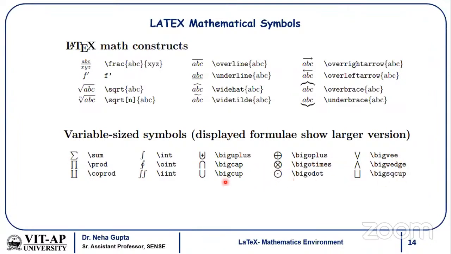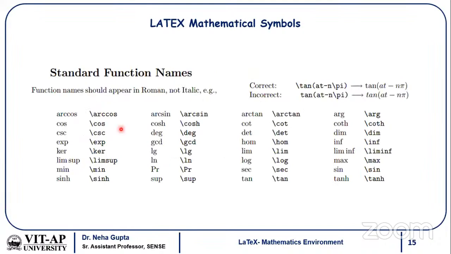See, for everything there is a name, and with that we can get this symbol in LaTeX. So these are a few examples. These are not the only ones, we have many more. A few standard function names in mathematics we have, like cos, sine, exponent, and then log, logarithm, limit.